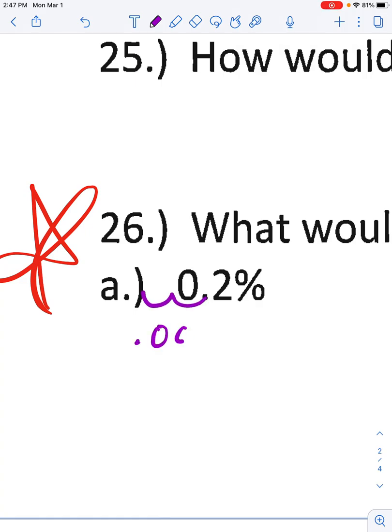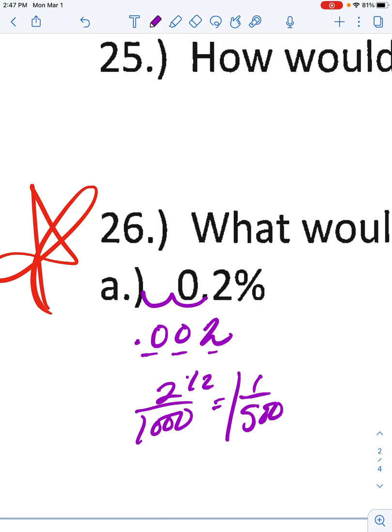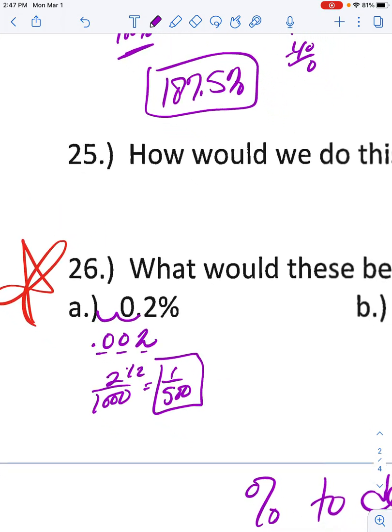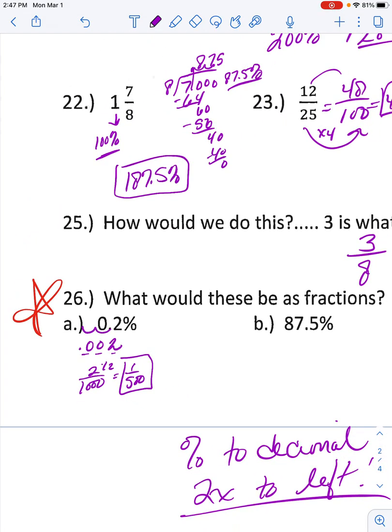Move it twice to the left. That's 0.002 as a decimal. That says tens, hundreds, thousands. That says 2 1,000ths as a fraction. Now you can simplify. That's 1/500th as a fraction.